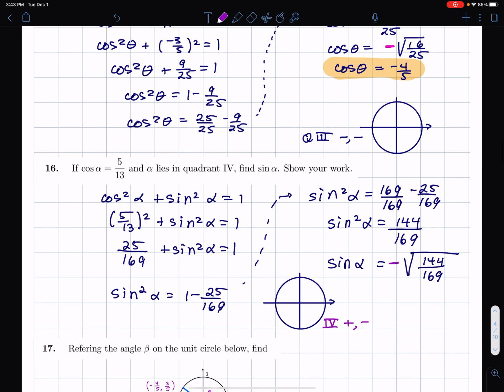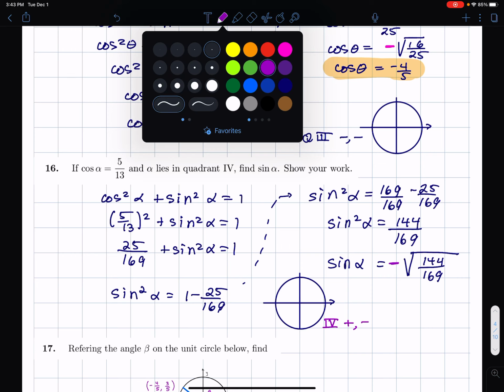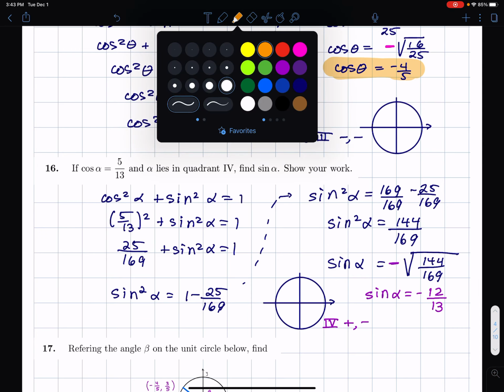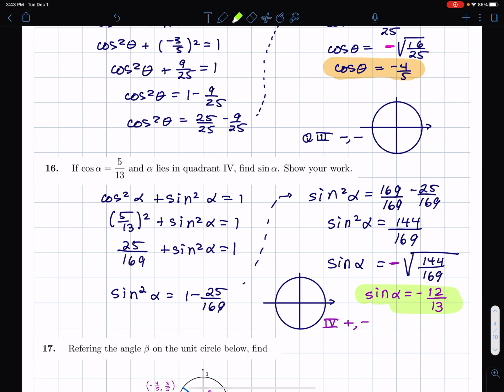So sine is negative because it's in quadrant 4. Taking the square root, I'll have that answer. That's our final answer.